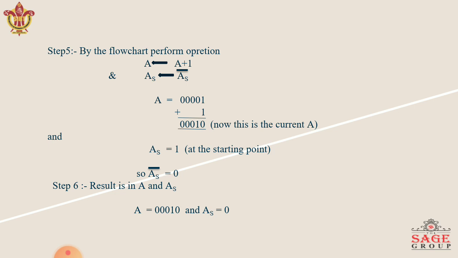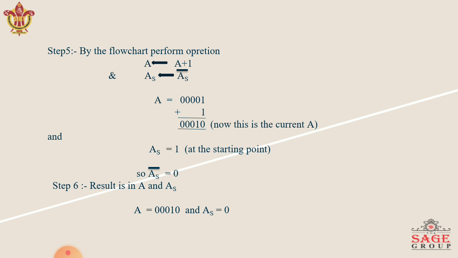Now step number 5. By the flow chart, perform the operation. The next operation is A plus 1 stored in A, and the starting AS value is complemented and stored in AS. So A plus 1 is our first operation.